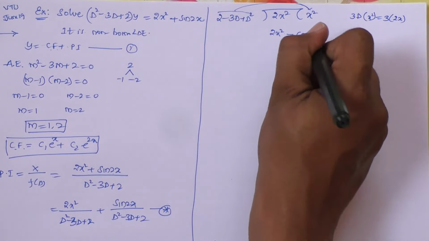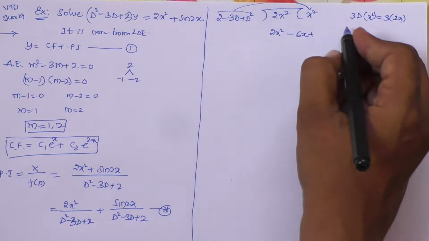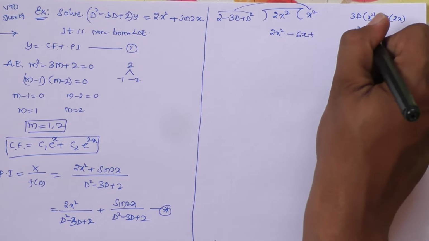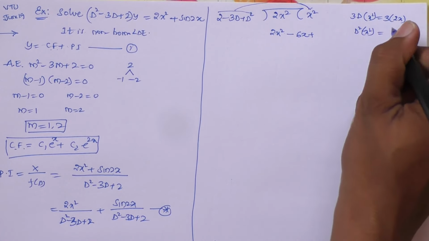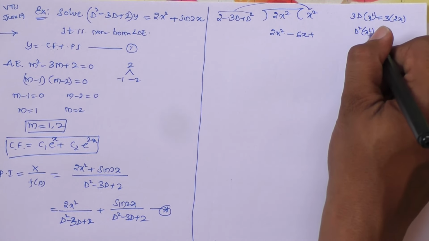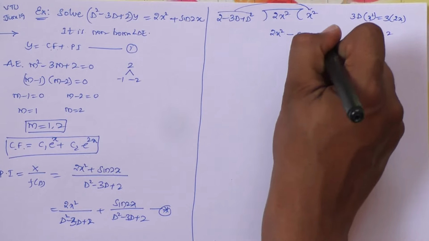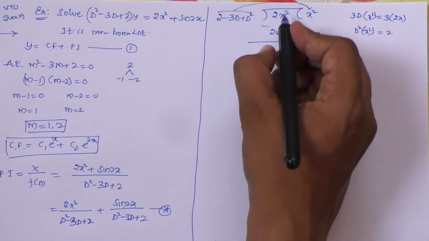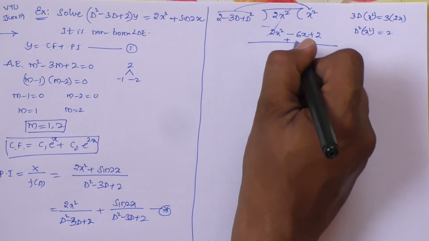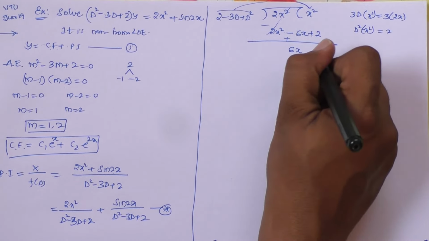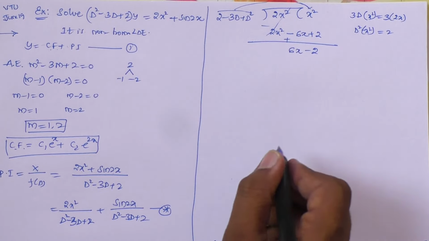Then plus D square of x square: differentiating twice, x square gives 2x, and then 2, so it will be 2. Now subtract: 2x minus 2x cancels. Minus of minus gives plus 6x, minus 2. So we got 6x minus 2.